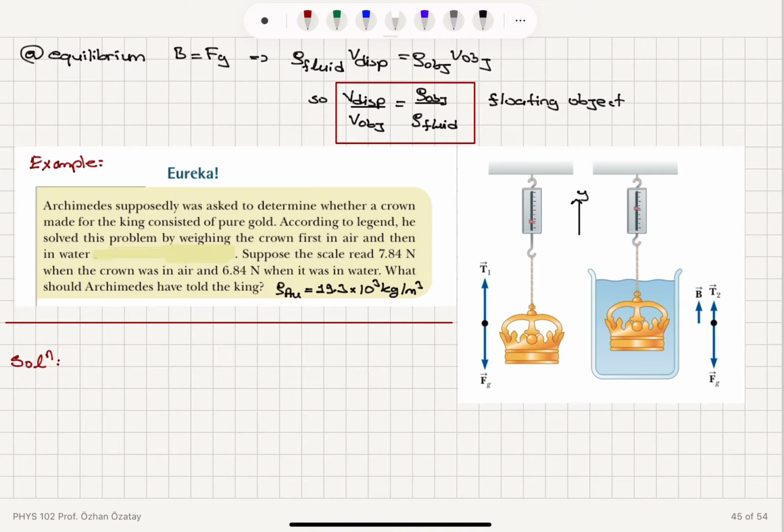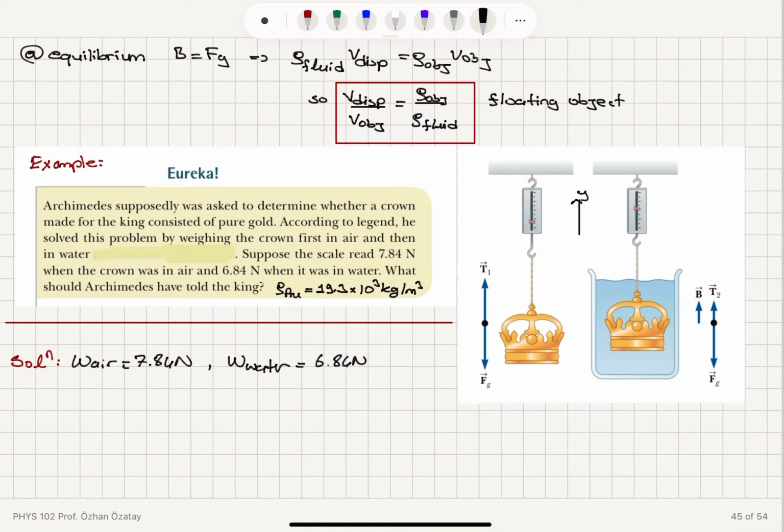Okay, so here is the first setup. We have a scale that reads the weight of the crown in air, and the weight that we read in air is 7.84 newtons. Now it's immersed into water and the scale reads a different weight. Why? Because we have the buoyant force that is decreasing the reading. So we have the weight measured in water equal to 6.84 newtons.